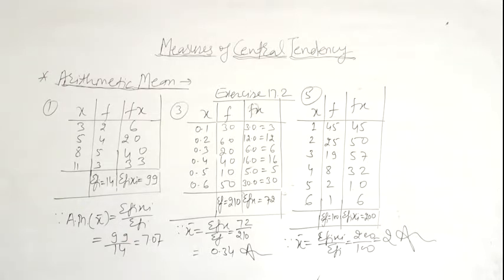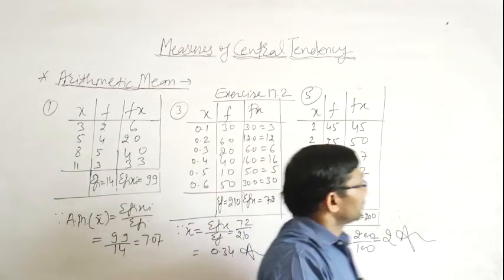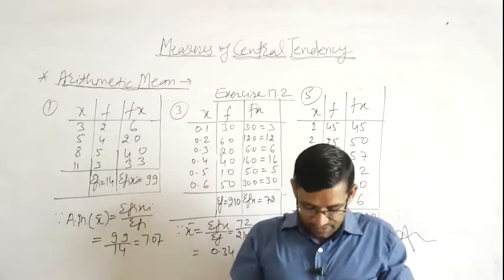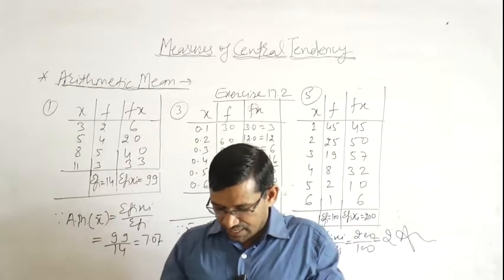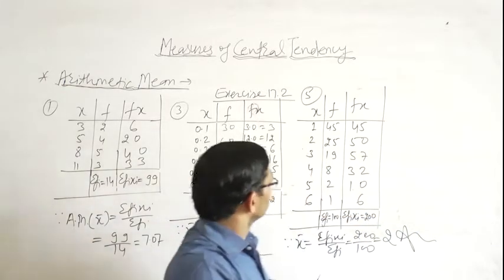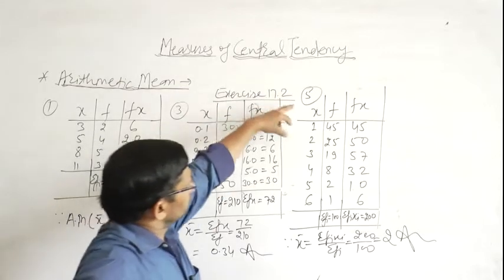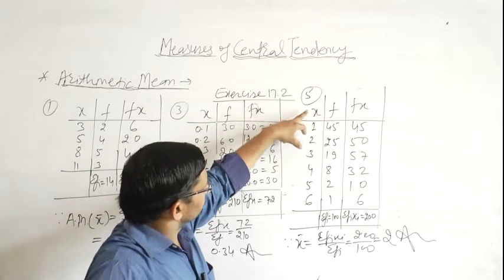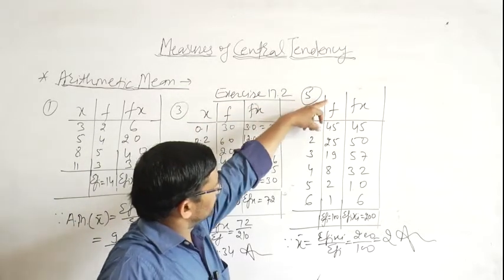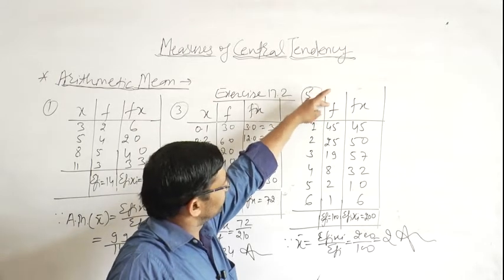So in this question, number of children in 100 families are given. It means number of children are observations x and number of families, it means their frequencies.